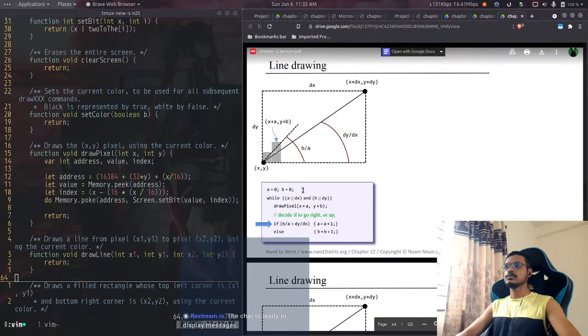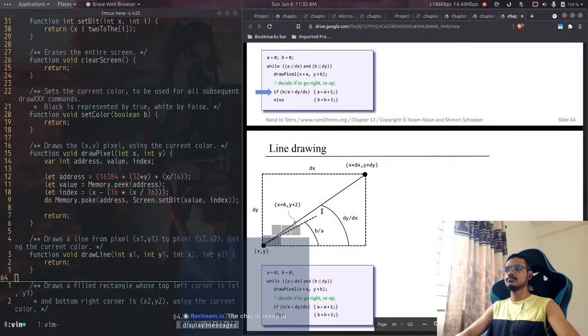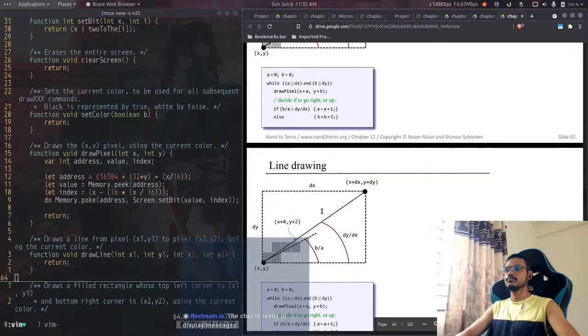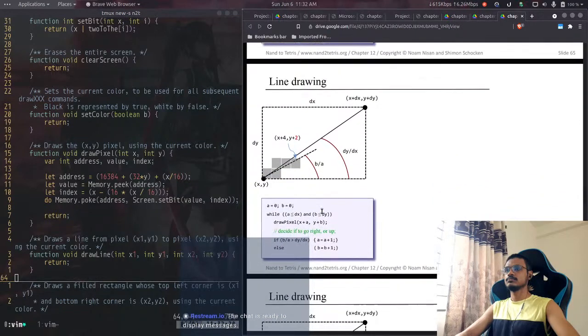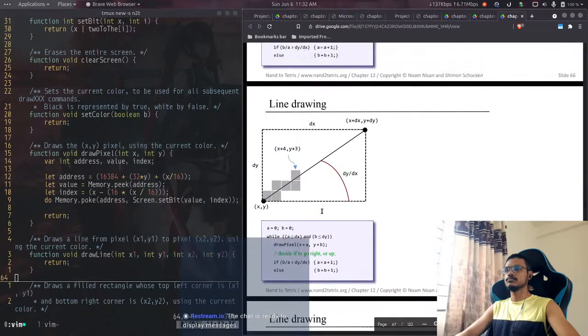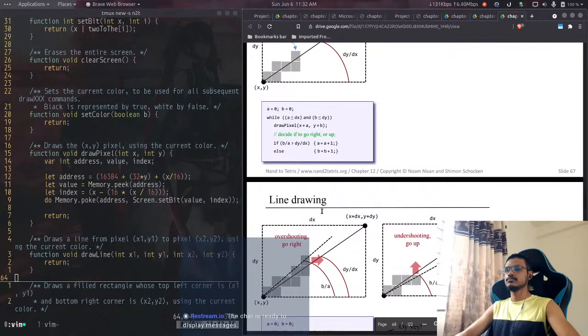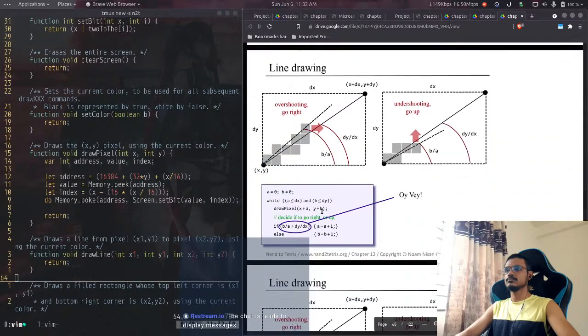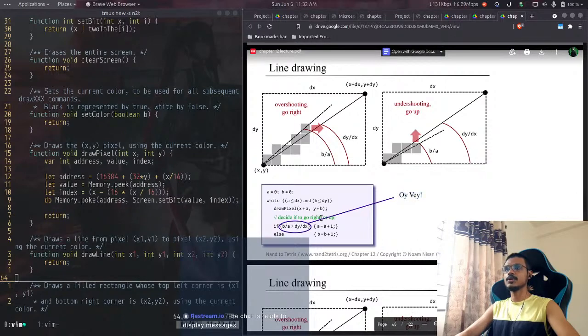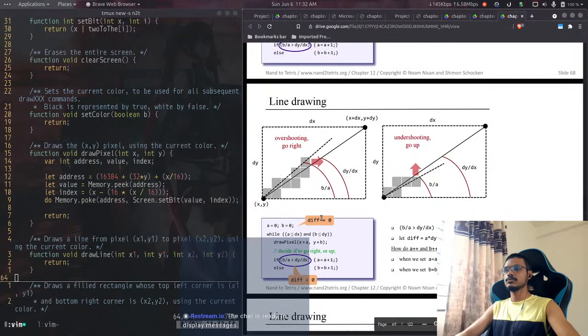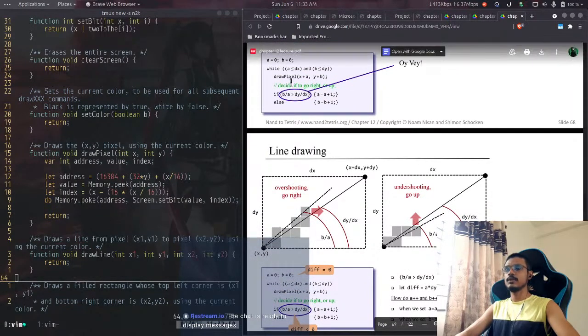But how to... b divided by a. Okay, so for drawing each and every pixel, we have to do a division and comparison.